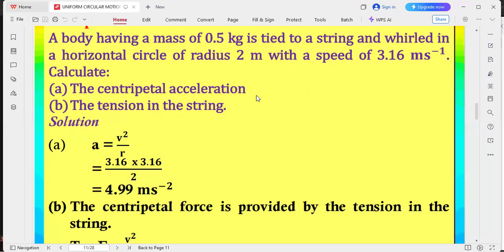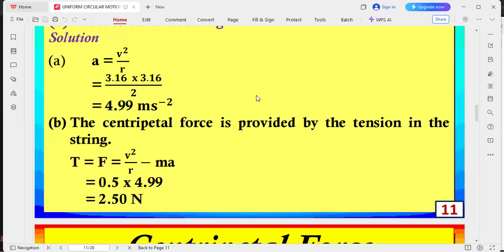Then we say tension equals centripetal force, which is m omega squared r. So mass is 0.5 times 1.58 squared times 2 meters gives us 3.24 newtons. 3.24 newtons is the correct answer.